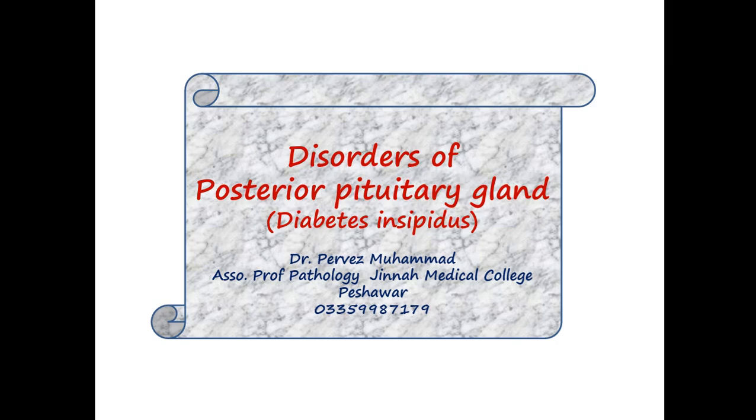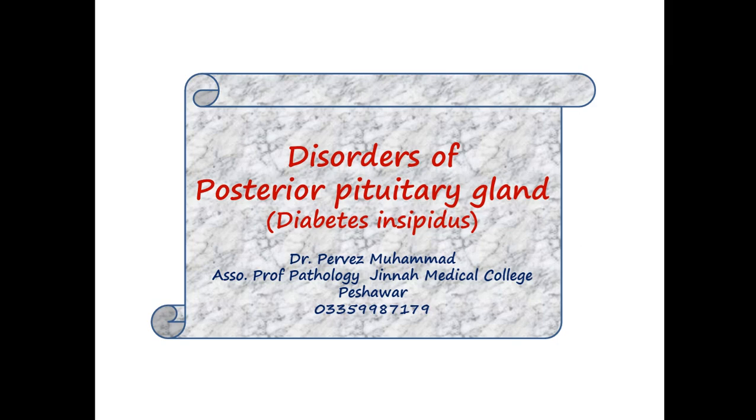The anterior pituitary gland contains various populations of trophic cells, for example, somatotrophs, thyrotrophs, gonadotrophs, and others. These hormones from the anterior pituitary gland are secreted in response to various stimulatory and inhibitory factors that are released by the hypothalamus.